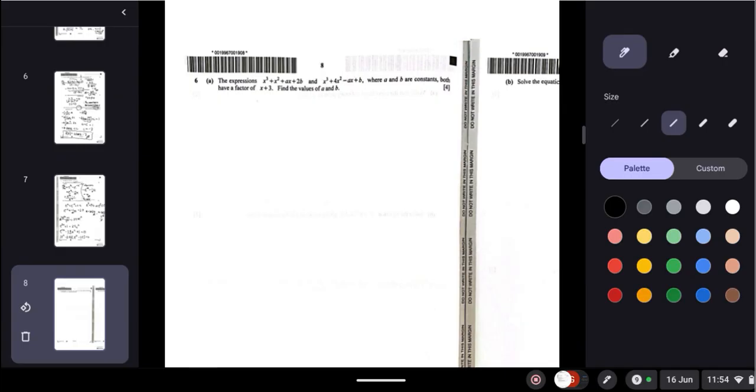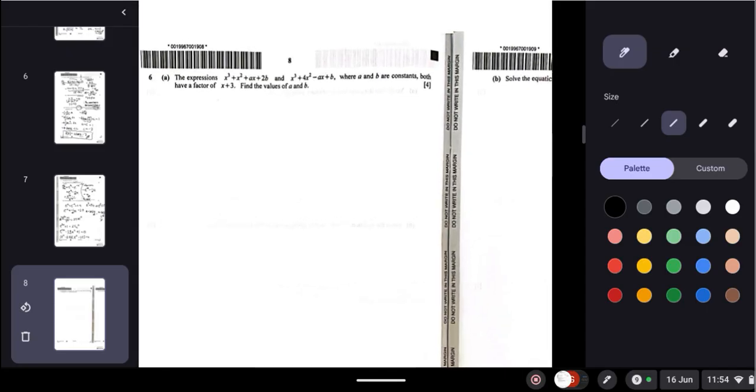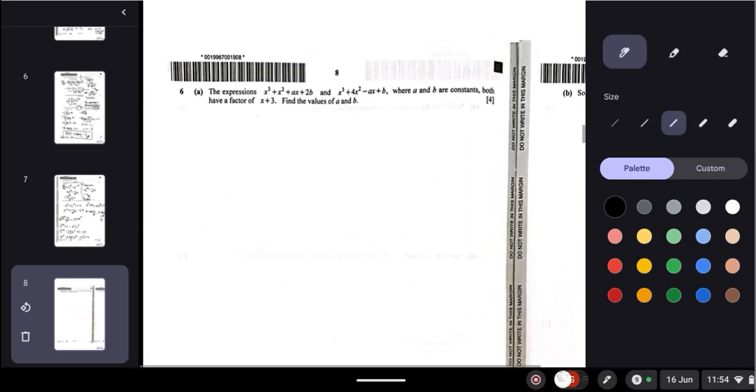So now, let me do the question first. The expression x cubed plus x squared plus ax plus 2b and 4x cubed minus 4x squared minus 8x plus b, where a and b are constants, both have a factor of x plus 3. See, this is good.